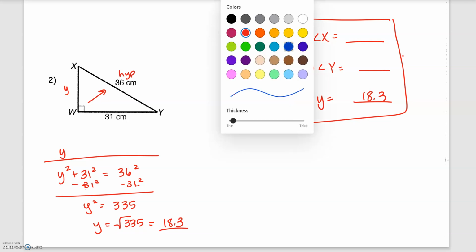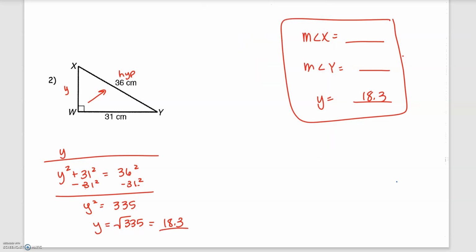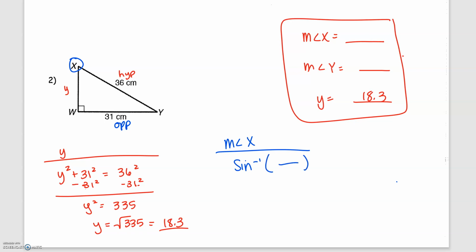And now we want to use trig to find the measure of an angle. It doesn't matter which one. Let's do the measure of angle x. So if we're looking for angle x, we have the opposite and we have the hypotenuse. So we're going to use sine inverse of our O, 31, over our H, 36, and type that into our calculator to get the measure of angle x is 59 degrees.